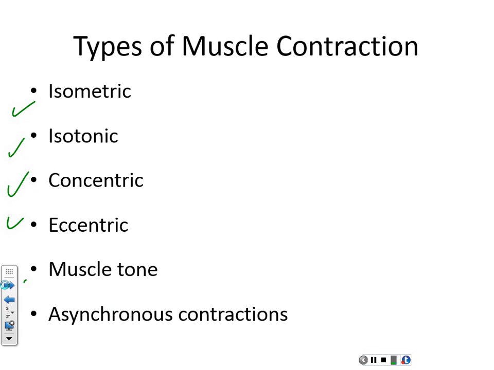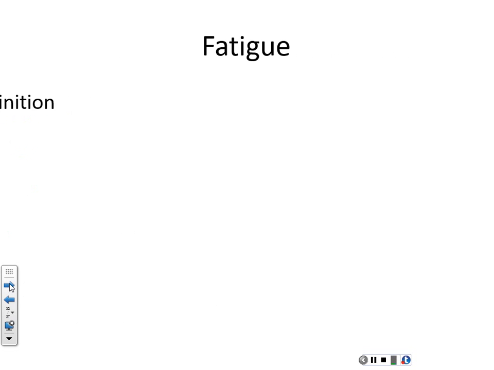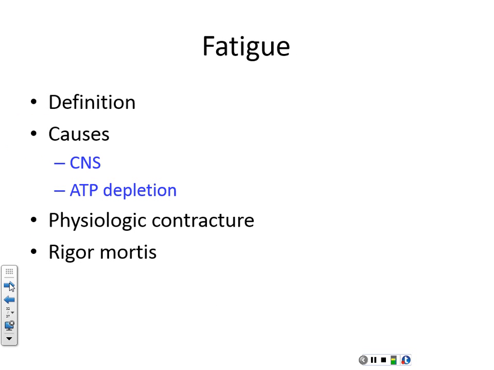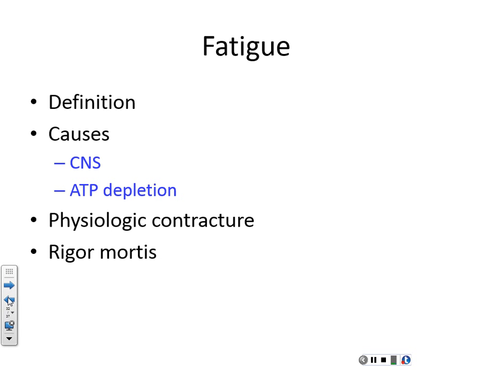And then, of course, asynchronous contraction is when certain motor units contract while others are resting, so that allows you to do more work. But if you overstimulate and all the motor units are being called up, then you get tired, you get to fatigue, which is what we're doing now. Fatigue is the inability of a muscle to contract, and it can be CNS psychological.